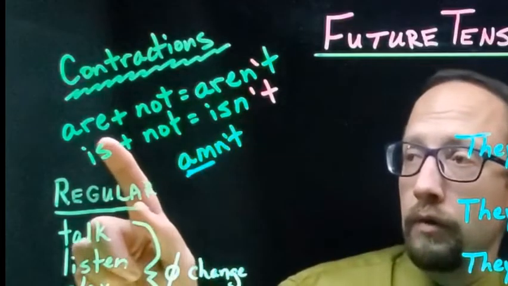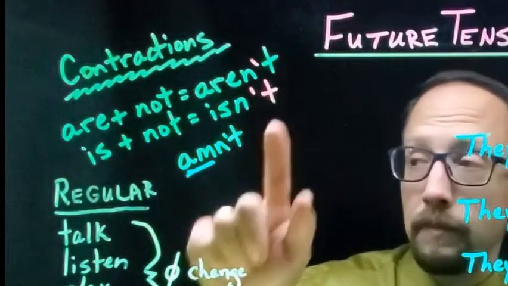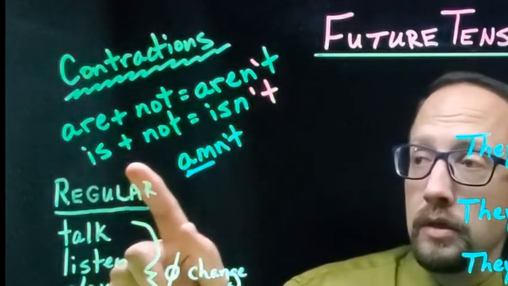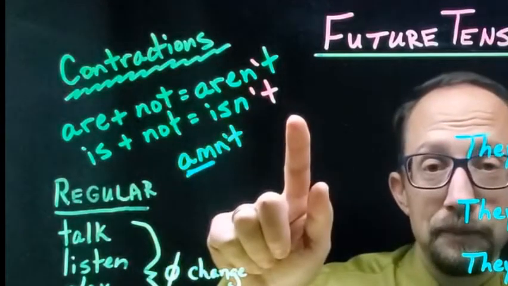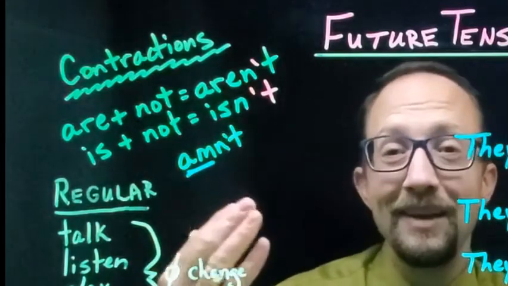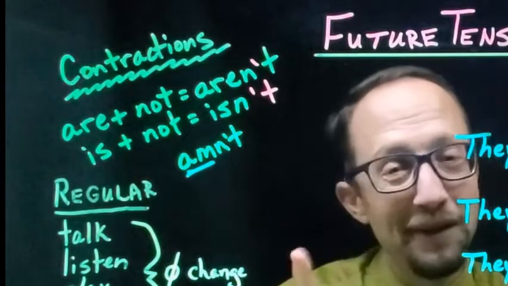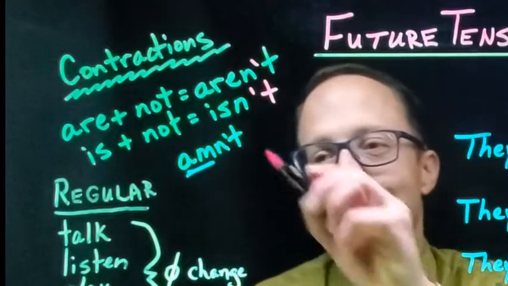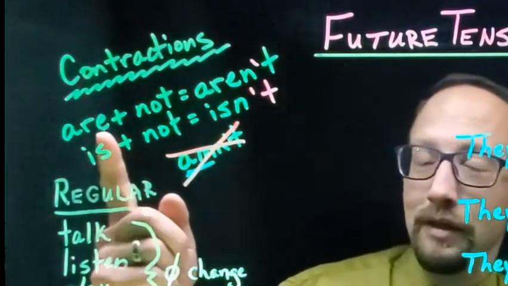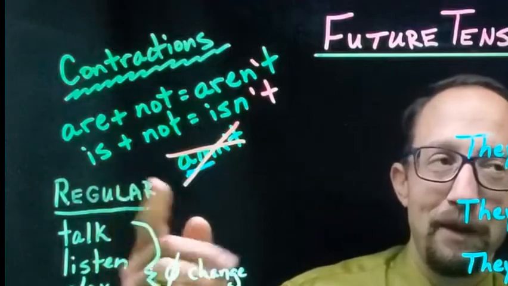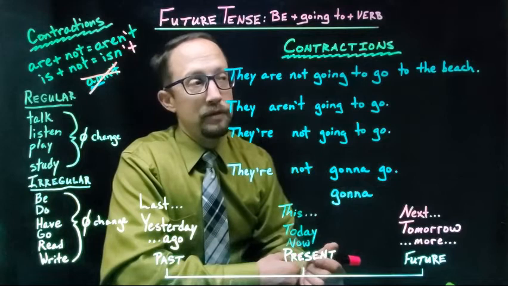So you can have are plus not and you get aren't. You can have is plus not and you get isn't. But remember, like I am not, you never say I amn't. You don't ever say that one, okay? Only these two.